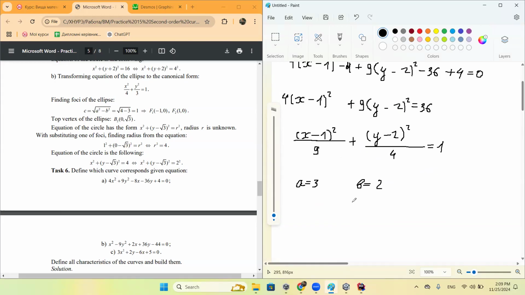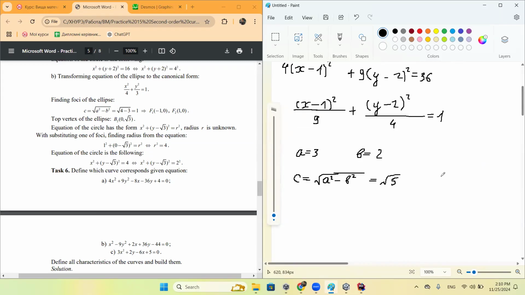So found. Now we need to find all other characteristics. So let's find the foci. We know that the formula is the following: c equals square root of a in power of 2 minus b in power of 2. So square root of 5.